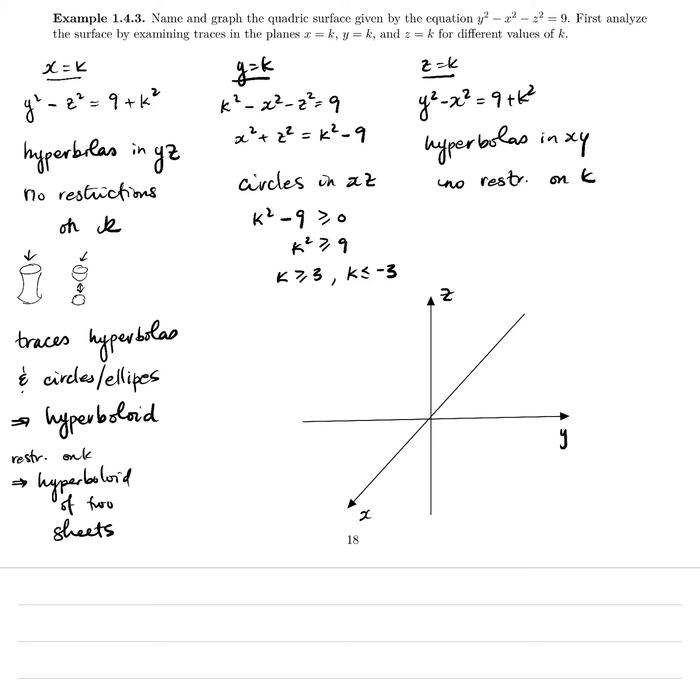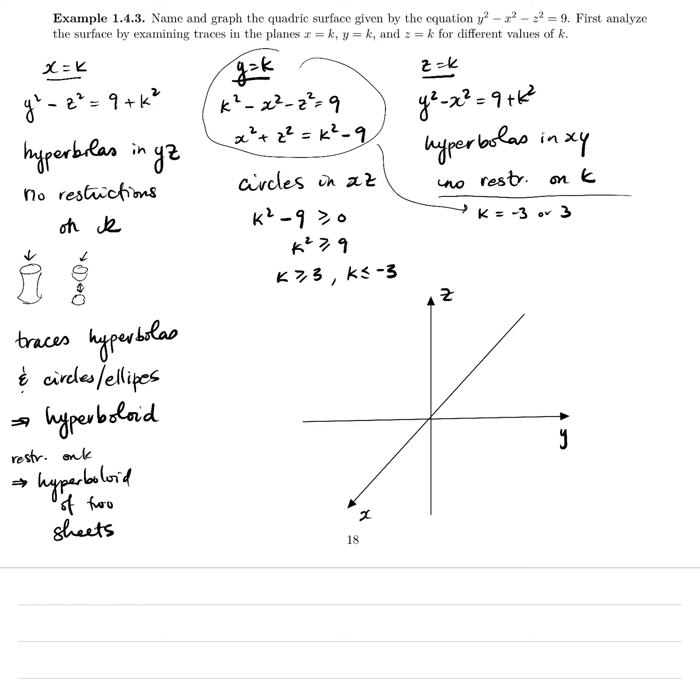Since our restrictions on k are in the y direction, we can figure out that this is oriented on the y-axis. But we can also see this in another way. Let's examine what happens at exactly k equals minus 3 or 3.